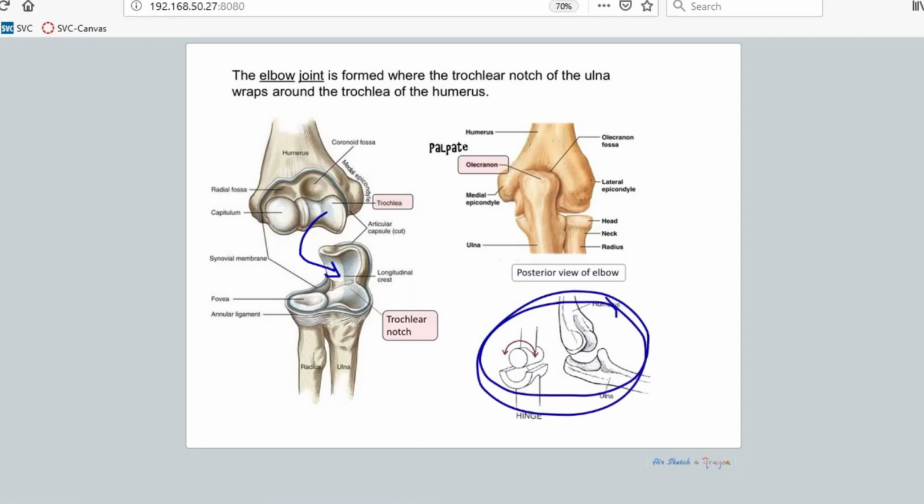Okay, and that hinge joint is going to allow for a restricted range of motion, or for certain ranges of motion. And then this is a posterior view here, and a bone marking I want you to know on the posterior side is the olecranon, and this is also on the ulna. And this is essentially the point of your elbow. Okay, so you can palpate that as well.